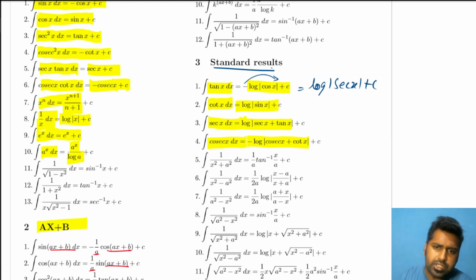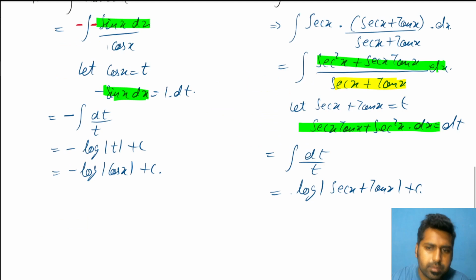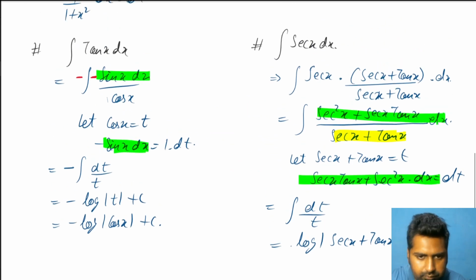So tan x integration minus log cos x, cot x integration log sin x, sec x integration log sec x plus tan x, cosec is minus log cosec x plus cot. Okay, all right, we're done with this. Now let's proceed. Four formulas done. Let's integrate few questions.